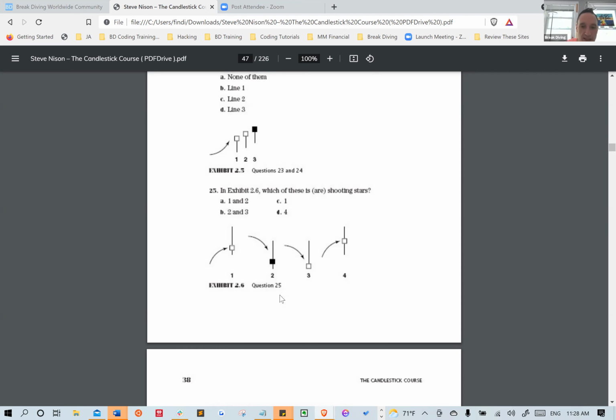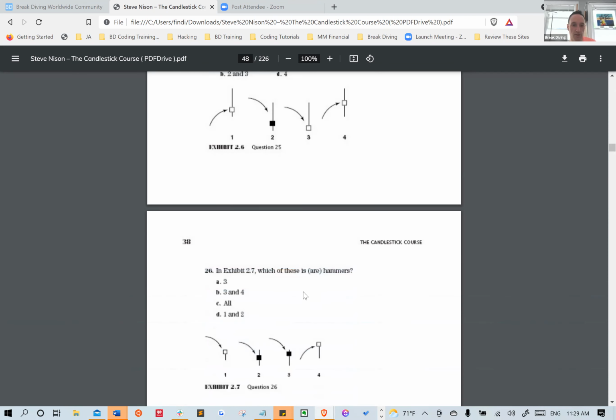So definitely, it's not 3 because you need an uptrend. It's not 4 because that is not a shooting star. That is a high wave. It's not 2 because it's a downtrend. So it's got to be 1. I say it's C. Yeah, C.